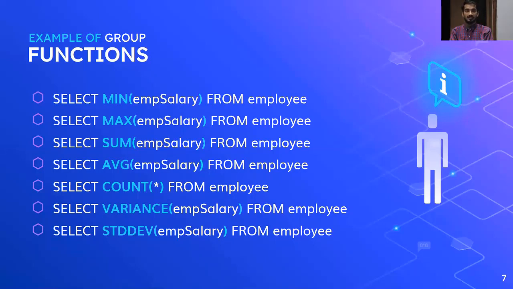It returns a single value. And select max returns the maximum value. Number 3 is sum. It takes all the employee salaries, adds all of them, and gives a single value. Average, count, variance, and standard deviation work the same way.